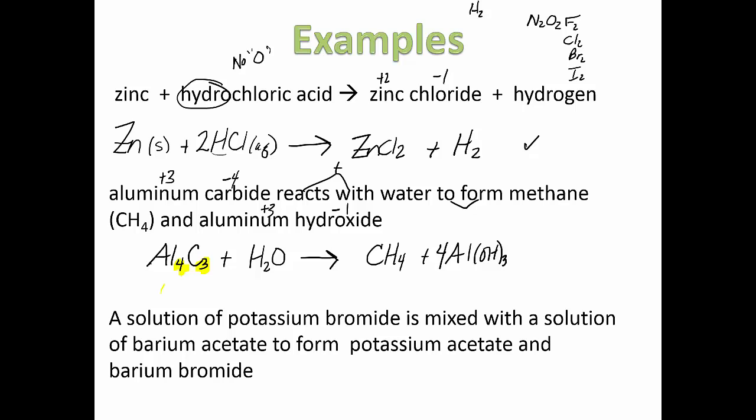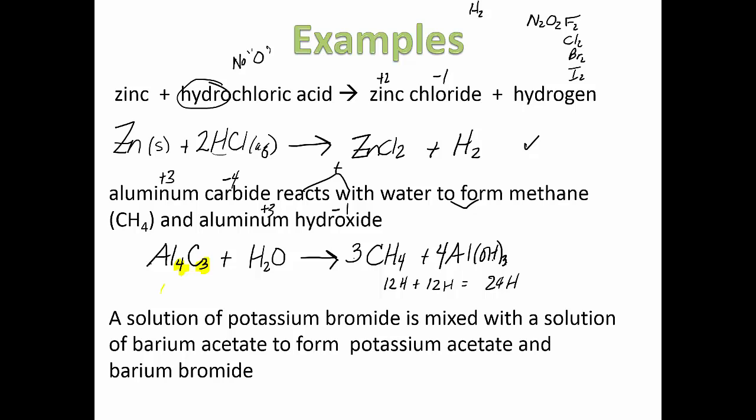I'm going to go ahead and fix the carbons because I'm going to do hydrogens and oxygens last. A lot of times you take care of everything else, and they take care of themselves. Now sometimes I write down the numbers myself because they get kind of big and I don't want to make a mistake. So I have 3 times 4, this is 12 hydrogens in this compound. And then what do I have? I have 3 hydrogens, but it's 3 times 4, so that's another 12 hydrogens. So that means you're going to have 24 hydrogens total on this side.